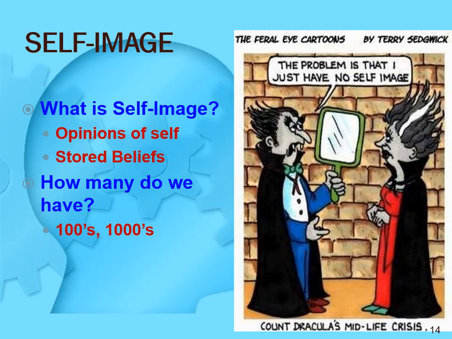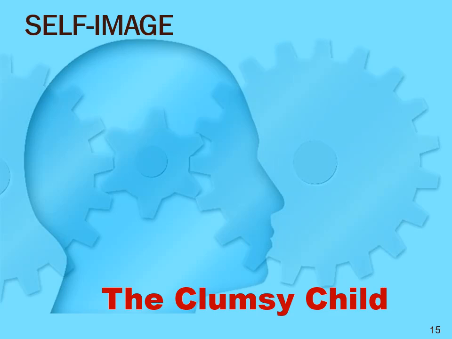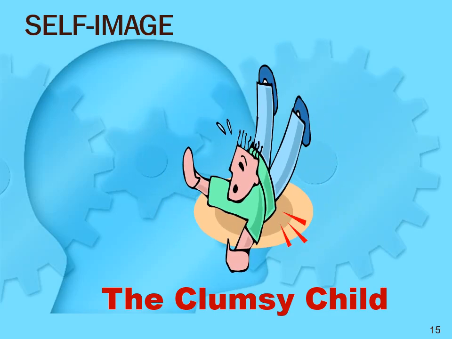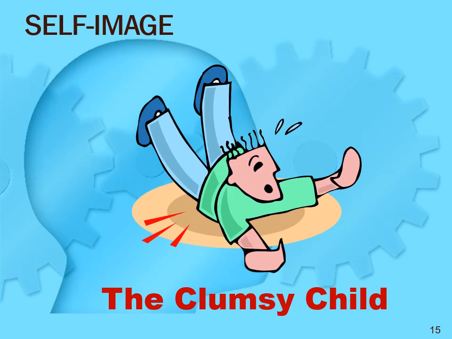Now, these self-images can be extremely powerful and control what we do. Our self-images determine quite often how we act and behave. They come up from the unconscious. They are there. We don't think about them. So I often like to give the example of the clumsy child.